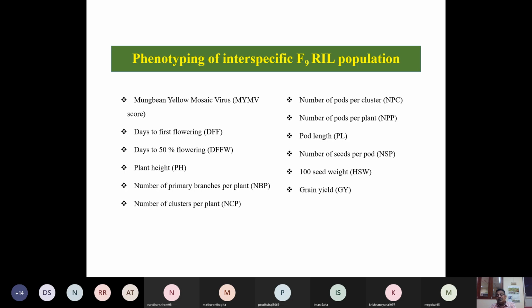So any gene, first they map as a QTL. Then if it has a major phenotypic effect and is controlled by a major QTL, people start working on the particular QTL for fine mapping or many other purposes.